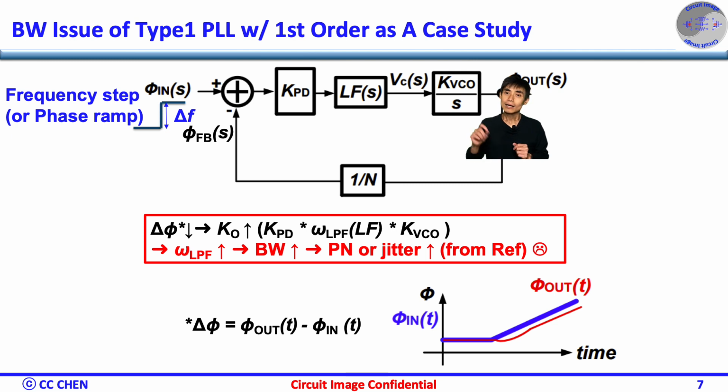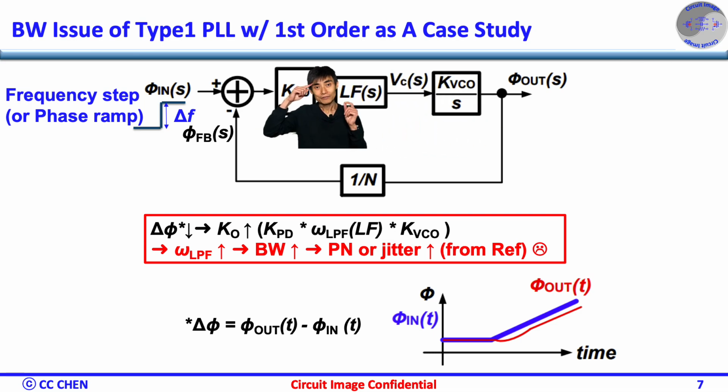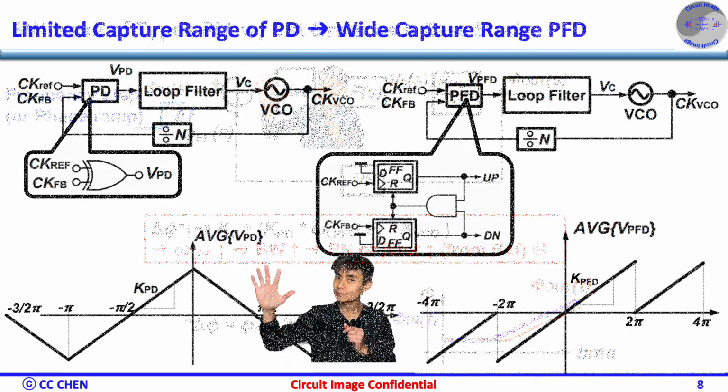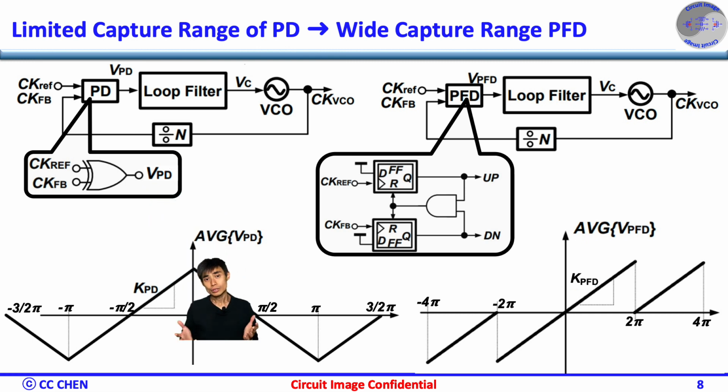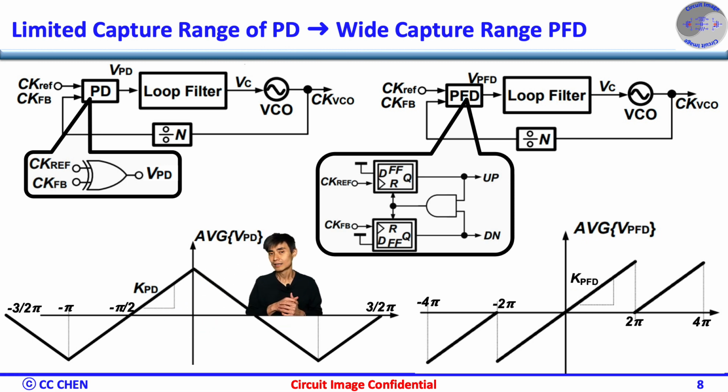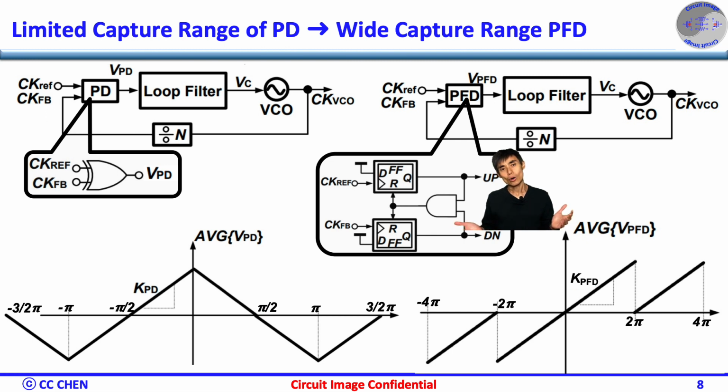Before realizing a better type of PLL, what's the PLL capture range here? Think about the phase detector for 5 seconds. Bingo! An ideal phase detector, PD, only has a limited capture range of 2 pi, which is not enough if there's a frequency offset before the steady-state lock state. What can we do? Or what do we want?